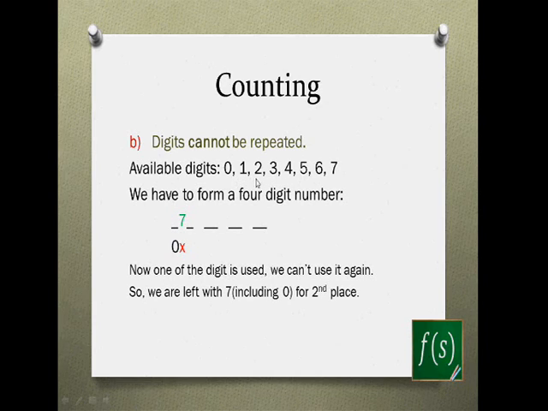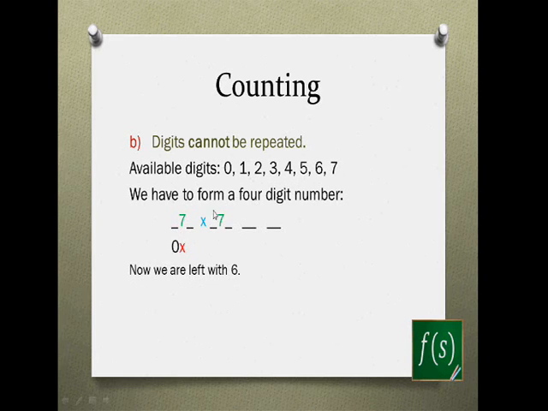So how many digits do I have left? It's 7, right? I have used say 1 here, then I have 0, 2, 3, 4, 5, 6 and 7. I am left with 7 digits. So 7 is the possible number of digits I can use here.